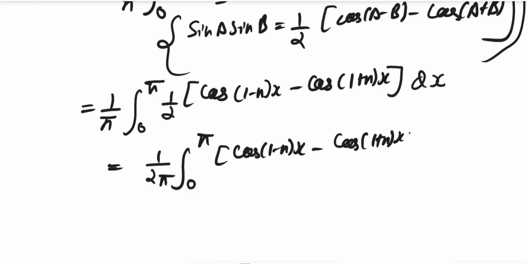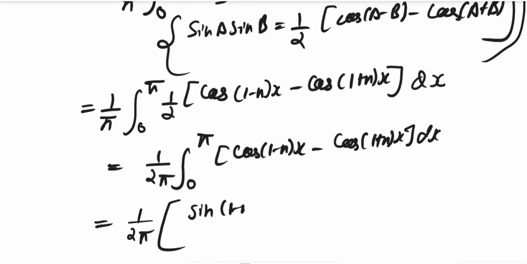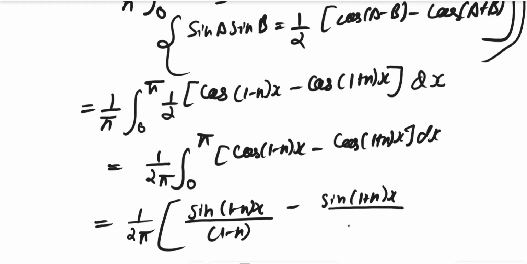Now we can write this as 1 upon 2 pi, integration 0 to pi, cos (1 minus n)x minus cos (1 plus n)x dx. Now what is its integration? Integration of cos is sin, so it is 1 upon 2 pi, sin (1 minus n)x divided by (1 minus n), minus, again, sin (1 plus n)x divided by (1 plus n), and limit is from 0 to pi.